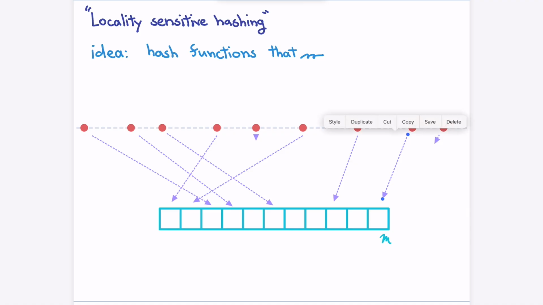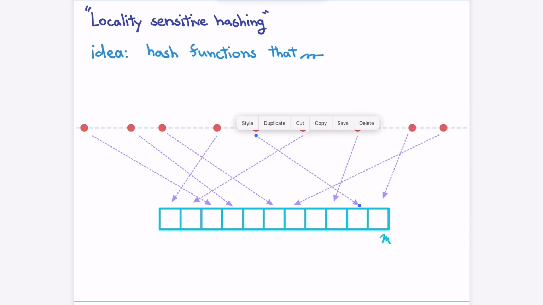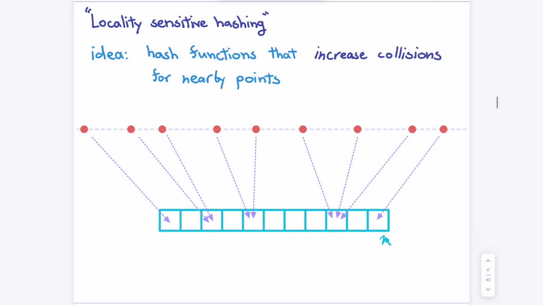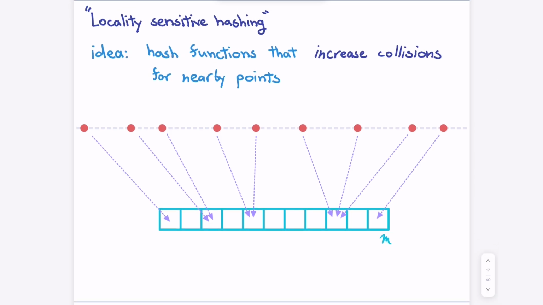Before, more random was better, right? We expected better bounds for 4-wise independent and 5-wise and 6-wise and so on and so forth. Today we're going to do sort of the opposite, which is sort of interesting. We want to find hash functions where nearby points are more likely to collide.